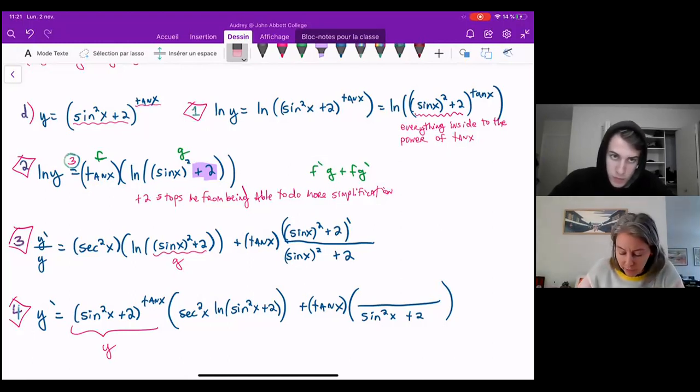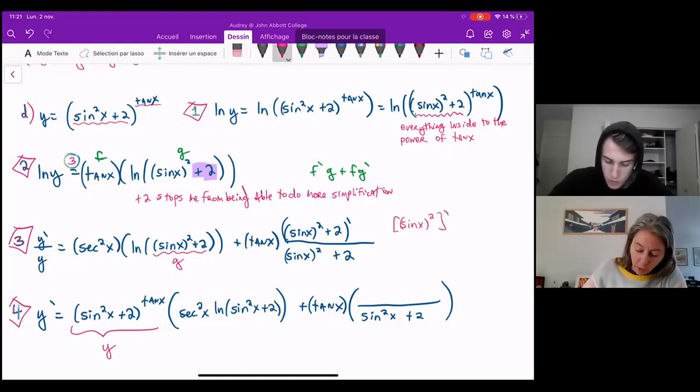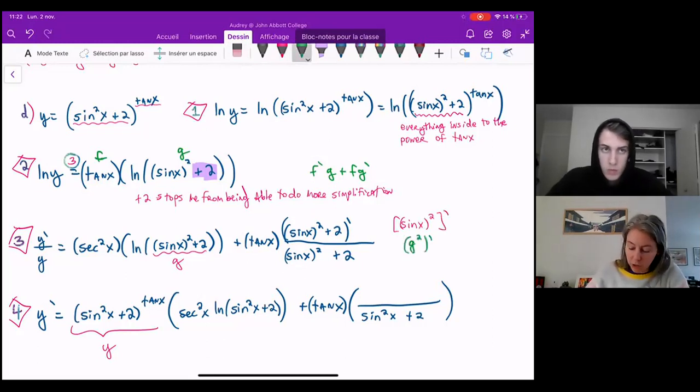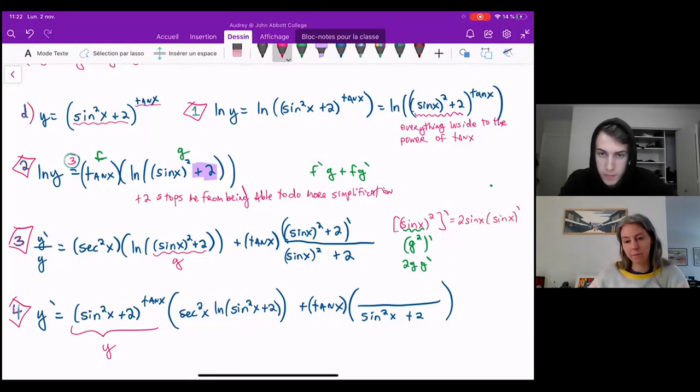So if I'm doing the derivative of sine x squared, I have to remember that it's like I have a g squared. So that's 2g, g prime, where my g is sine x. So I bring the 2 down, I don't touch what's inside, and then I pull out the derivative of sine.